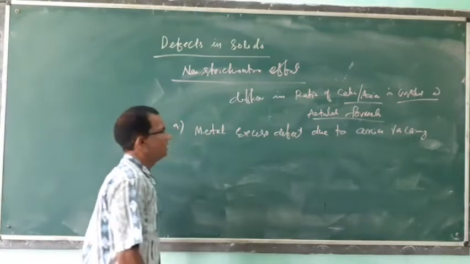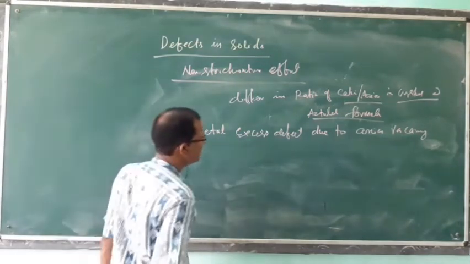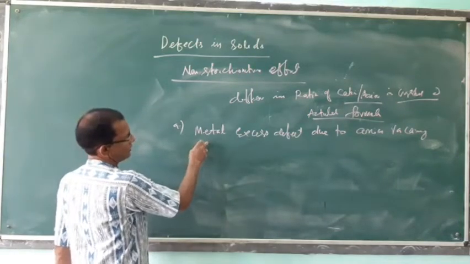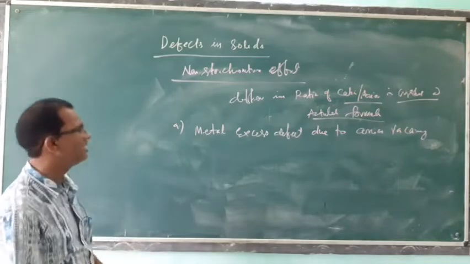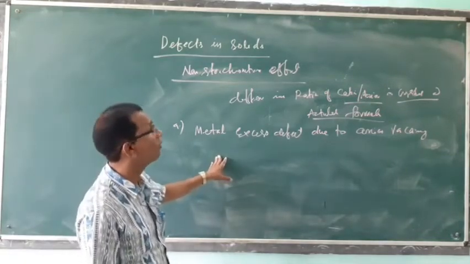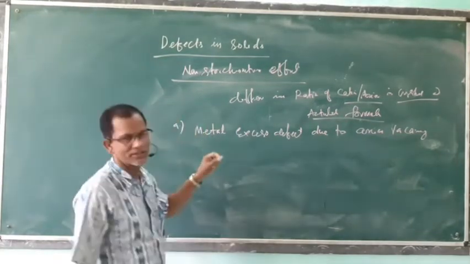How will it form? Here irregularity is observed due to missing of cations or anions. It depends upon the nature of crystals.